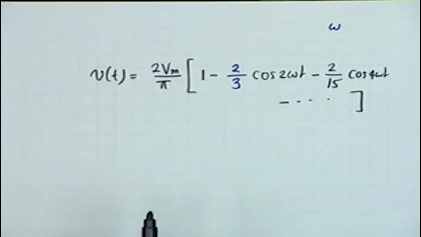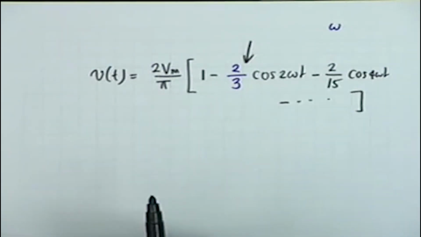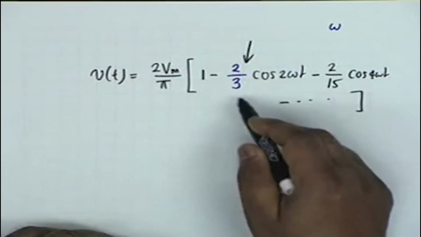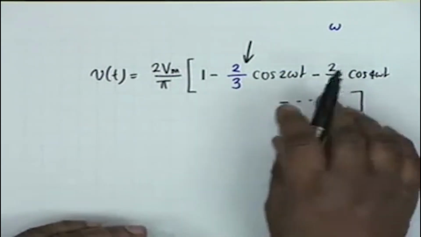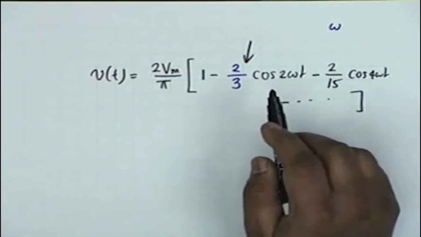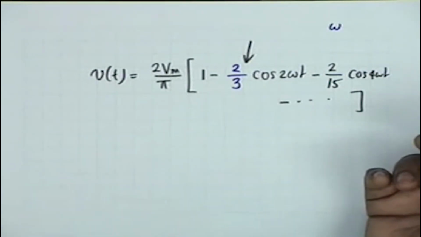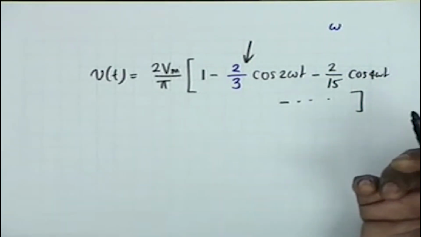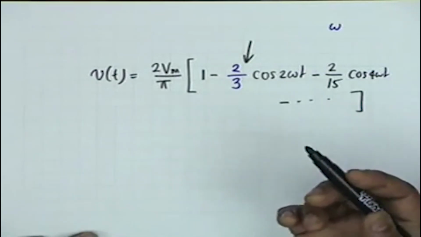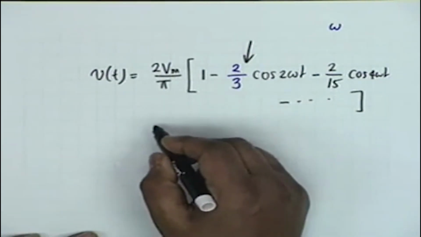Alright. And therefore in practice, if we can take care of the second harmonic, if we can reduce this substantially, obviously all other harmonics shall become negligible. If we can make the second harmonic negligible, the fourth harmonic shall be further negligible. So it suffices in practice to approximate this by only two terms.